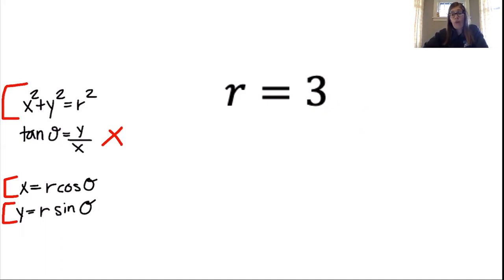Okay, so right now, it doesn't look like any of those. In order to make the substitution, I need it to look like r squared, or I need it to have an r times cosine theta, or an r times sine theta. Can you think of a way to make that left side with the r look like any of those three that I have highlighted?